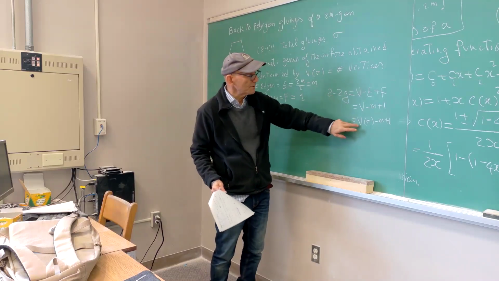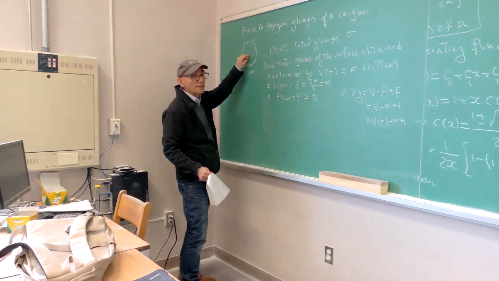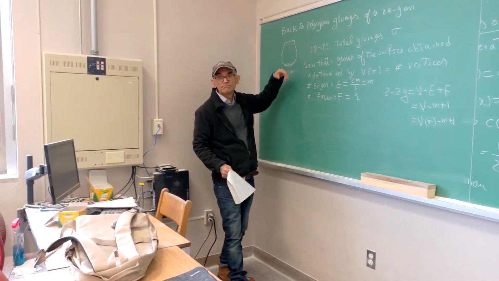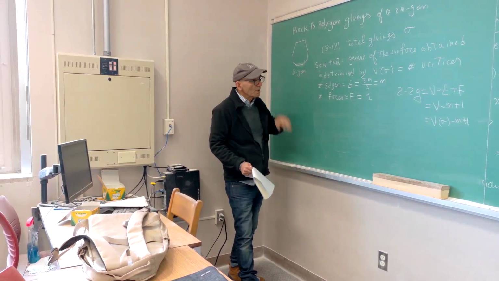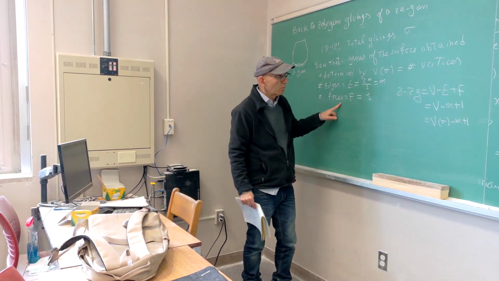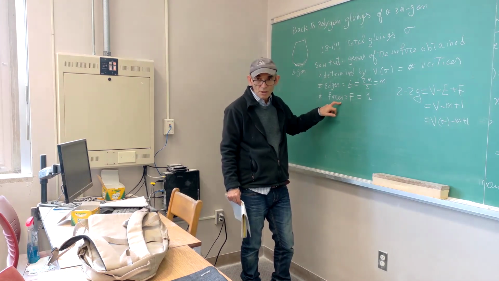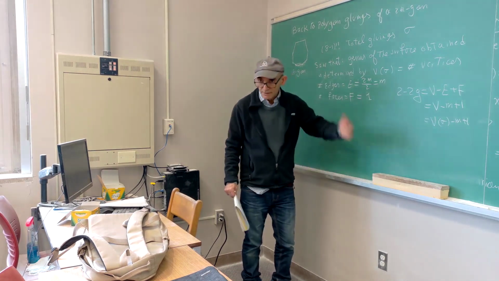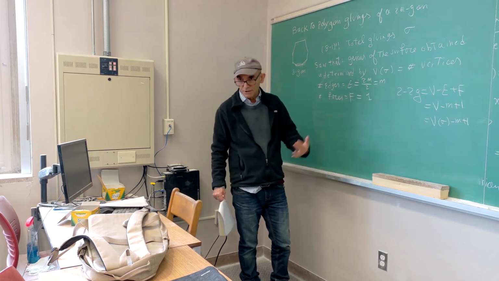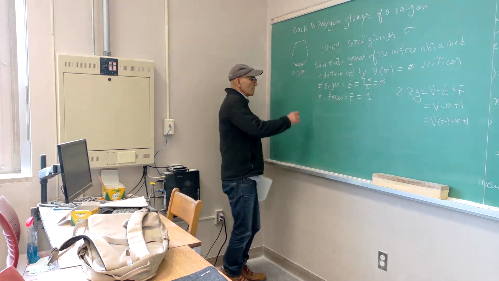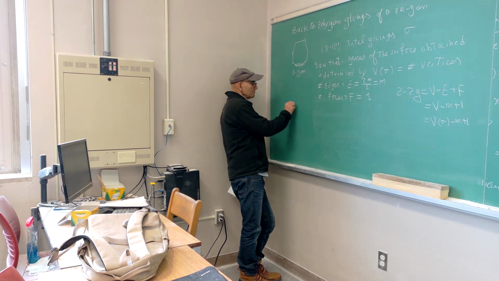Now, how many vertices are going to be glued depends on the gluing. So what we are going to do is introduce the generating function for the number of surfaces of a certain genus that you get.